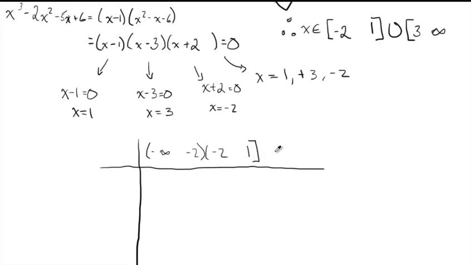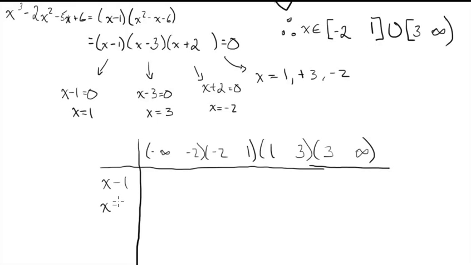And round bracket. From 1 to 3, and from 3 to infinity. List all my factors. x minus 1, x minus 3, x plus 2.